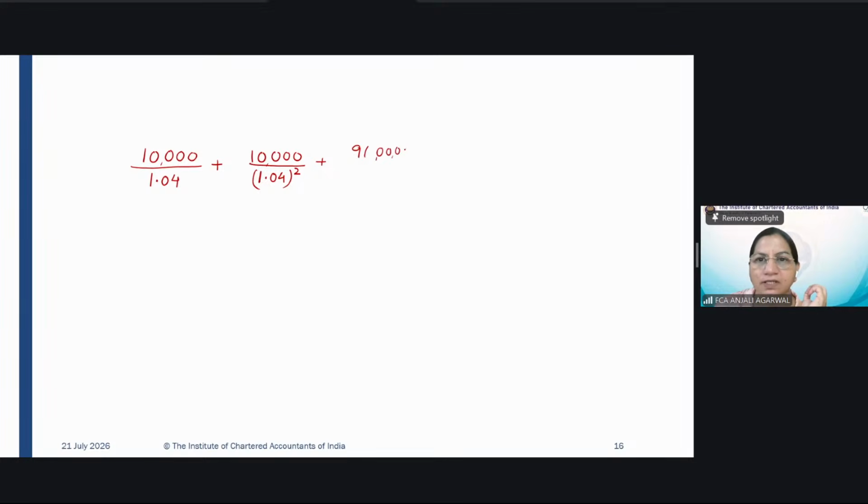So if interest is taken semi-annually, 91 lakh after 18 months is 1.04 cube. So 8% per annum is equivalent to 4% for every 6 months. So 10,000 is received after 6 months, another 10,000 is received after 12 months, and 91 lakh is received after 18 months.